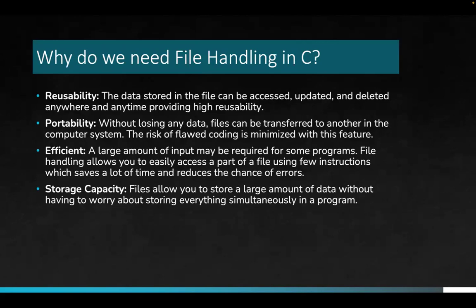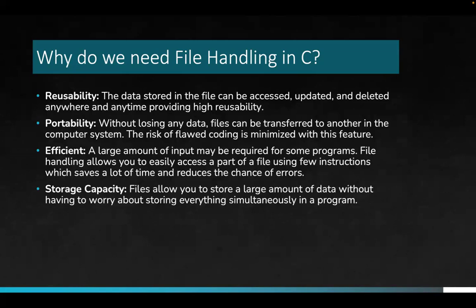Reusability: if you have data stored in the format of a text or binary file, and you want to access particular data in that file, or update, modify, or delete a particular string or instruction in that file, you can do this manually as well.